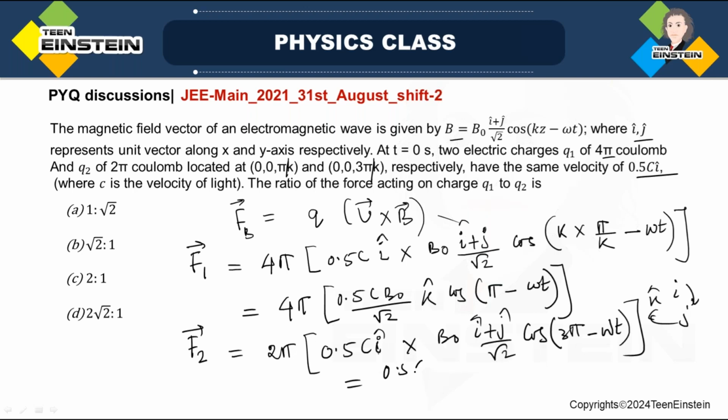So 0.5 c B0 k cap by root 2 into this 2 pi will be there in front, and this is cos of 3 pi minus omega t. Actually pi and 3 pi, phase wise, they are the same.